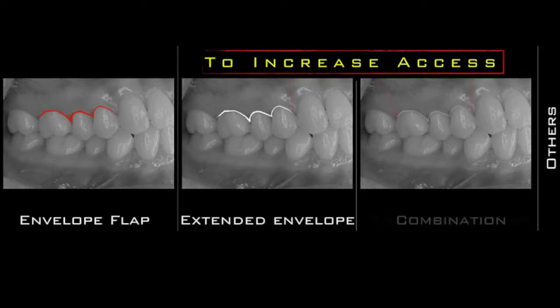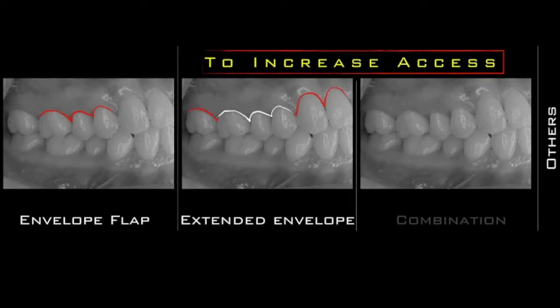One of the most important things when we're looking at flap design is to increase the access, and that's the major reason how we're going to design our flap. Let's say we're working only in one single tooth environment. Most likely, we're going to be able to extend our envelope flap to the adjacent teeth in the mesial line angle or the distal line angle.